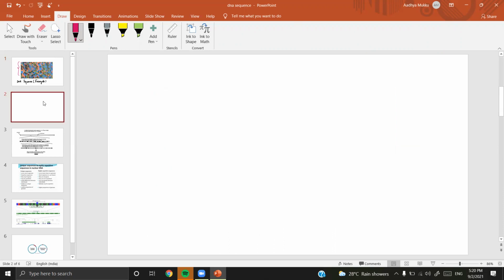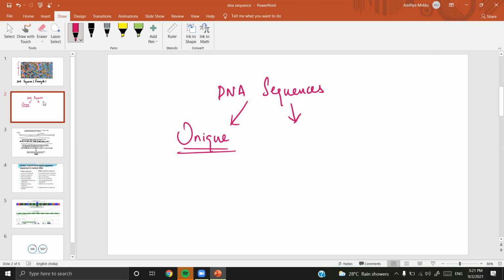So if you're going to look at the DNA sequences, children, these may be arranged in two ways. One is you may find some unique DNA sequences which are not repeating for millions of times.